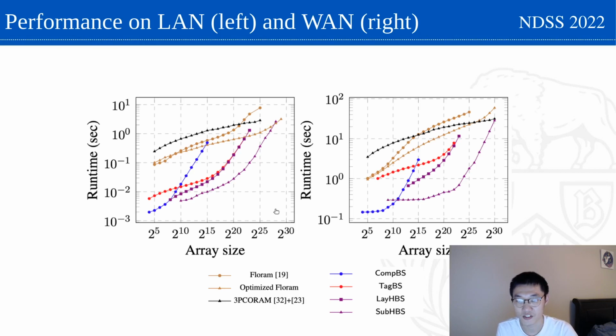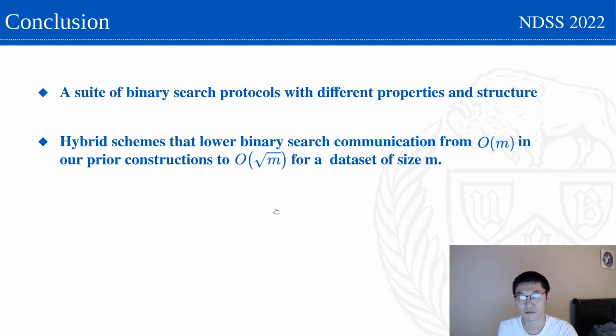For larger sizes, the runtime of our solution increases rapidly just because the local work becomes the bottleneck. Finally, the ORAM solutions outperform our solution because they have better computation capacity.